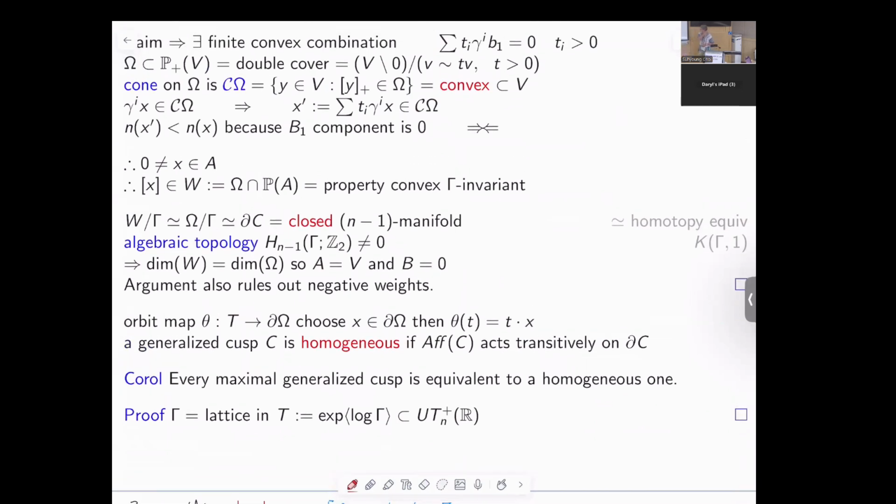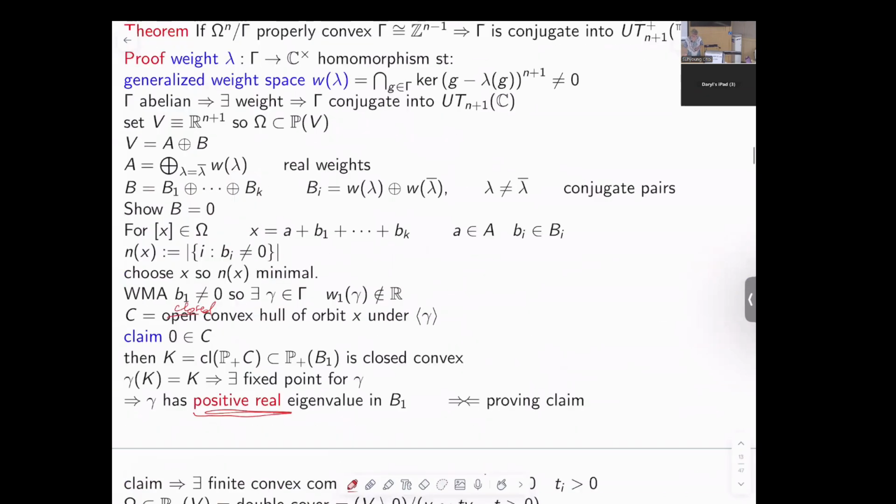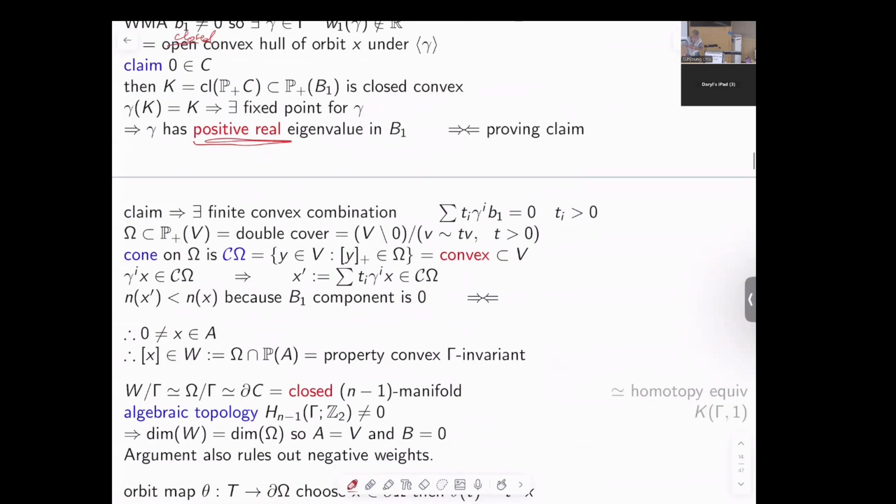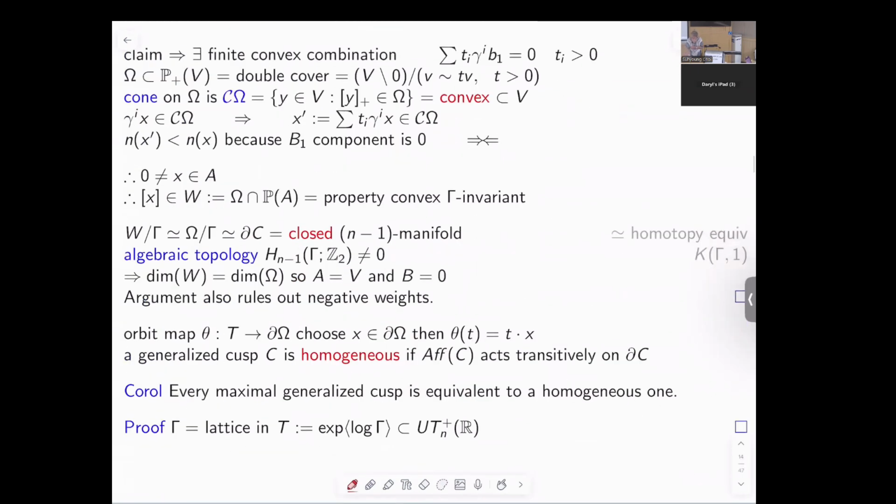If you start out with this properly convex manifold, so we're dealing with something of dimension n, and the fundamental group is Z to the n-1, then this group gamma is a lattice in a connected abelian Lie group T. What is T?